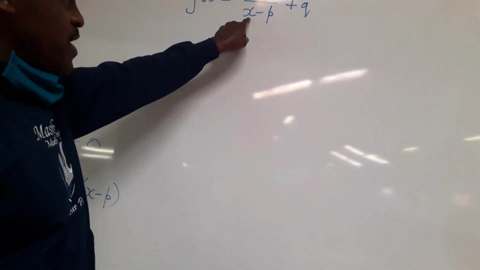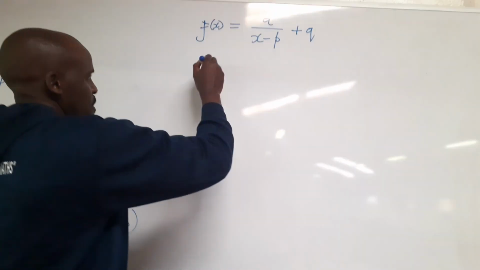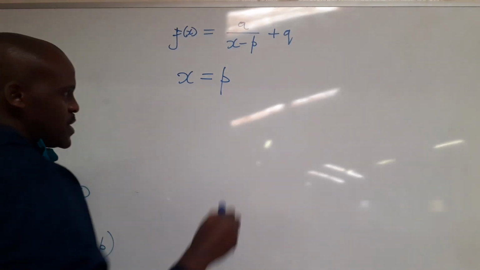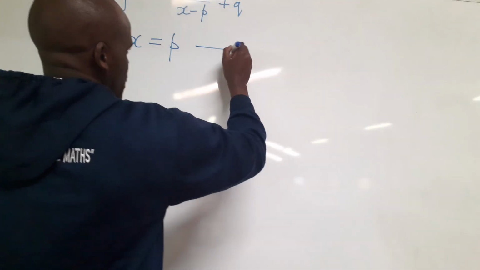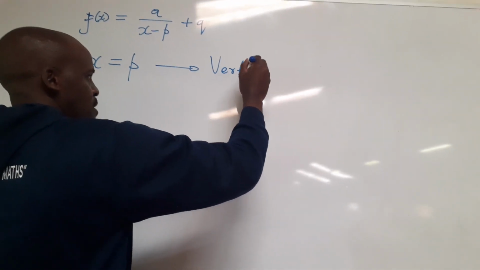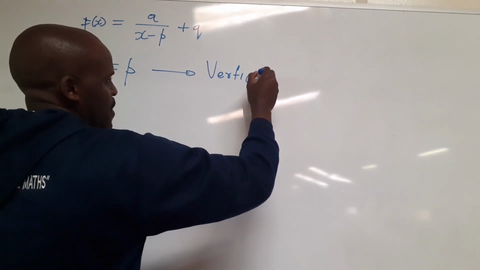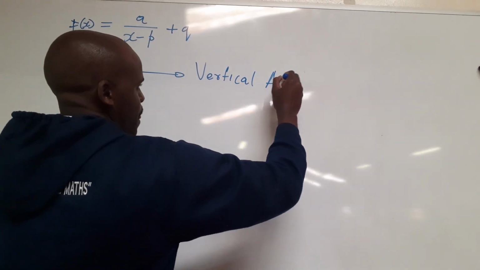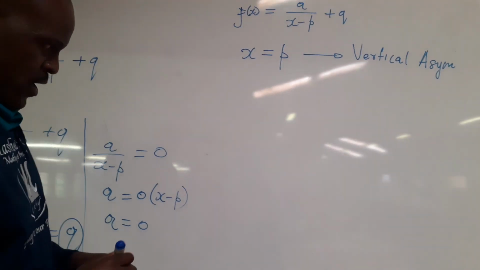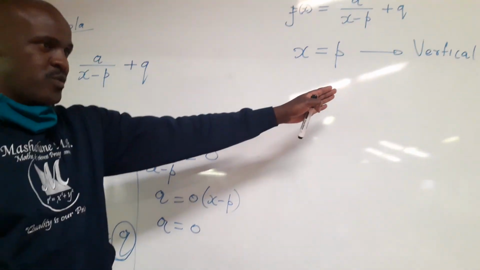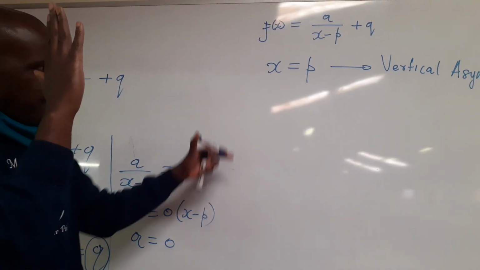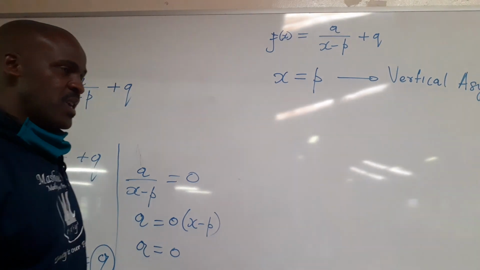So if we are to make x to be p, if x is equal to p, the graph won't exist. Therefore, this will be our vertical asymptote. Remember that when we talk of a vertical asymptote, when we say x is equal to something, you are talking about a vertical line. If x is equal to something, that's a vertical line.